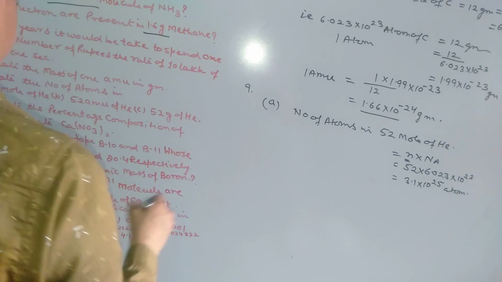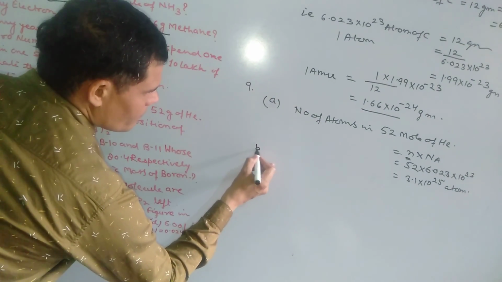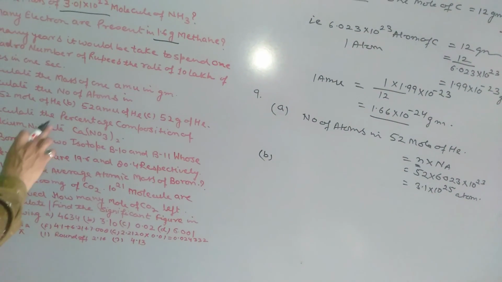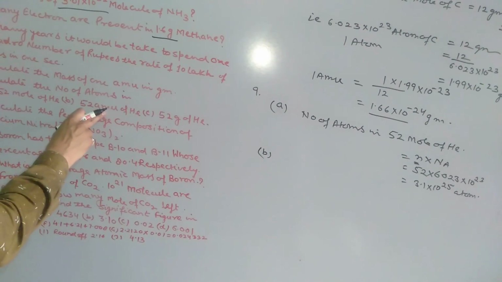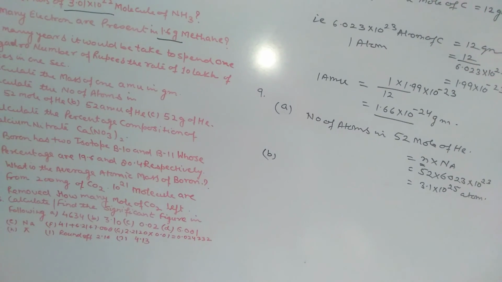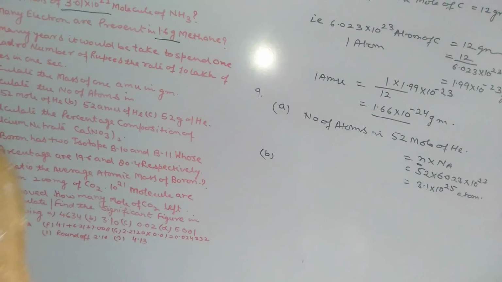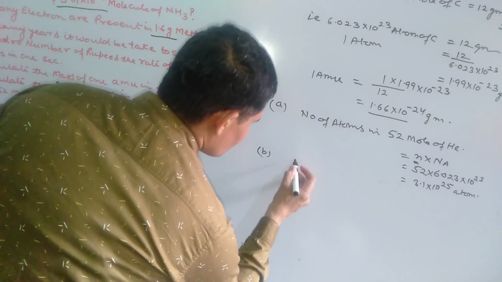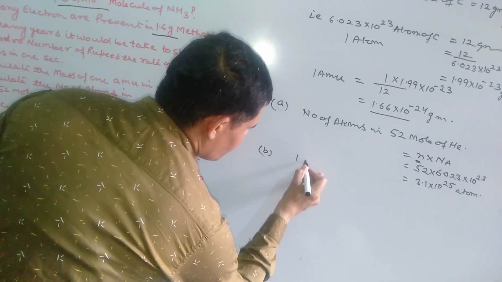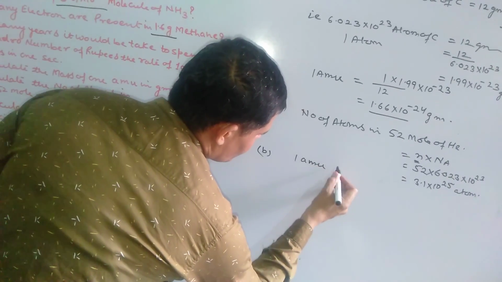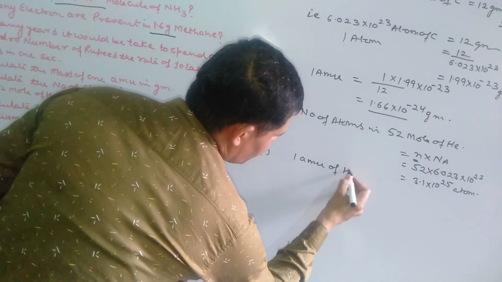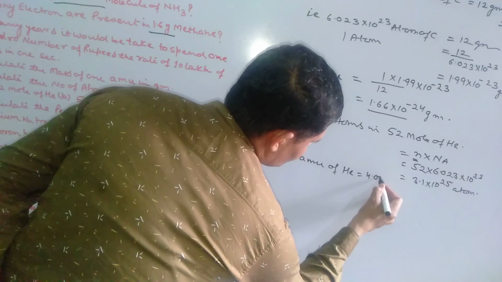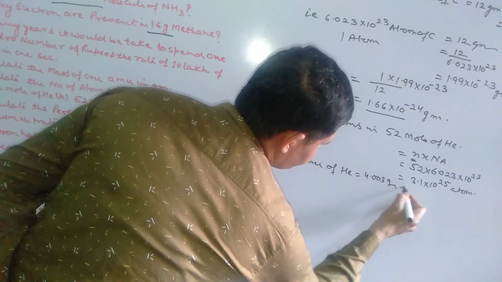Next, B. Calculate the number of atoms in 52 AMU of helium. We know that 1 AMU of helium is 4.003 gram.